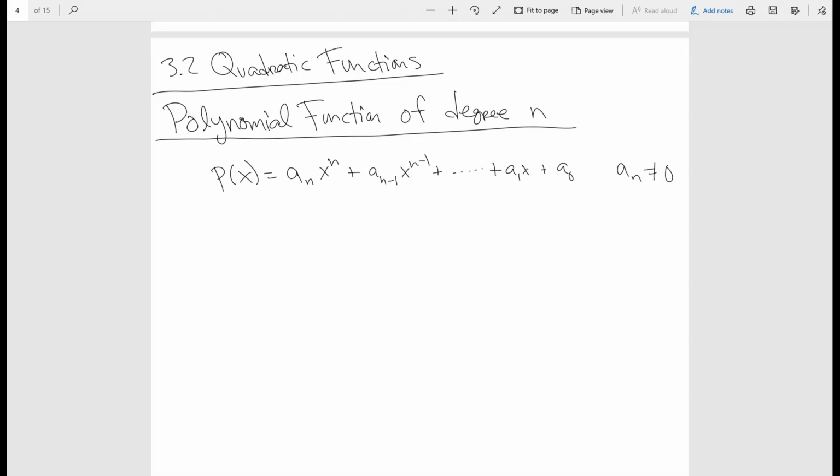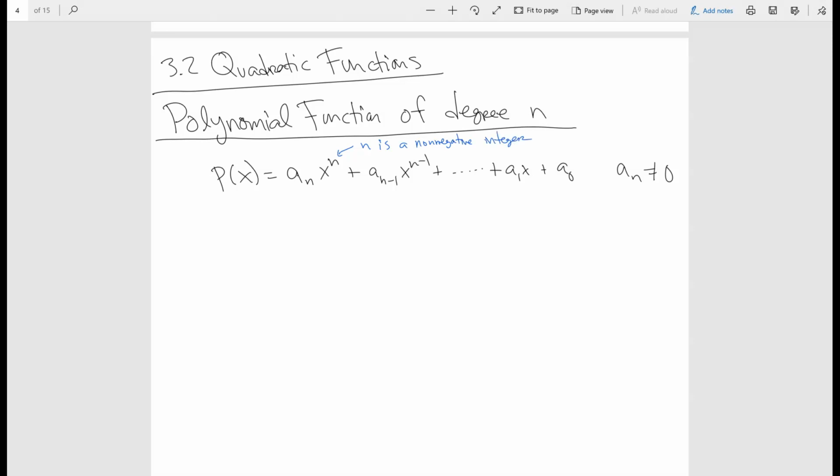Okay, so what this basically means is that you have some sort of polynomial of degree n. Here n is a non-negative integer.